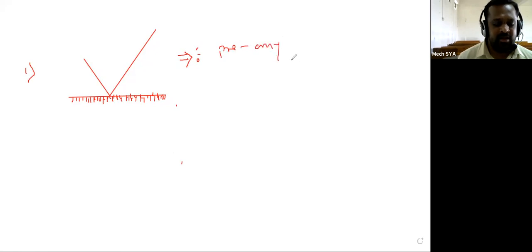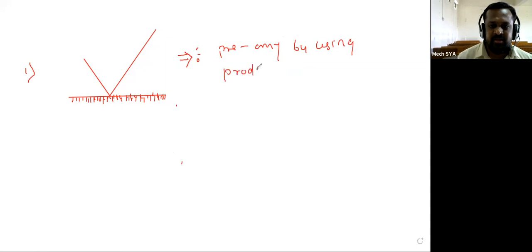This symbol indicates that you have to prepare any component by using any production method. You can produce or prepare any component.